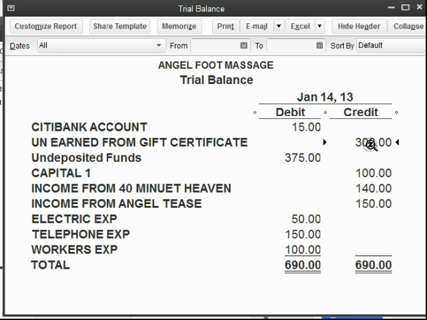So do we agree that after we create the invoice, we're going to pretend that on January 15th, we're taking a customer who prepaid for a gift certificate, and we want to give them some of the service, and we agree the unearned amount on the trial balance goes down, and the actual income earned for that particular service goes up.